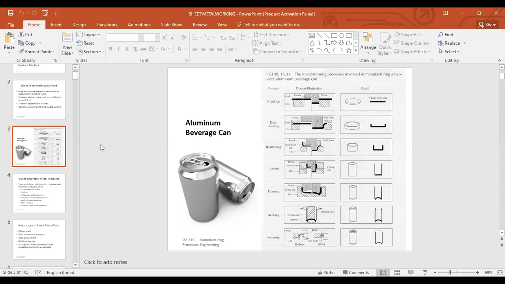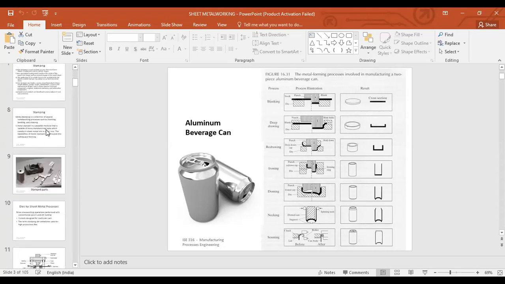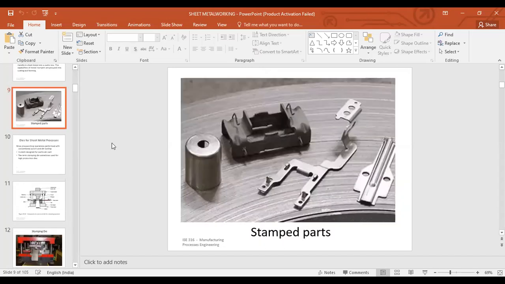Now these are miscellaneous processes, but still, the majority, you would see blanking and deep drawing as your primary processes. And we also looked at the stamped parts, right? This is specifically for the aerospace industry, as I can see, this part here, but still, they're stamped parts, right?